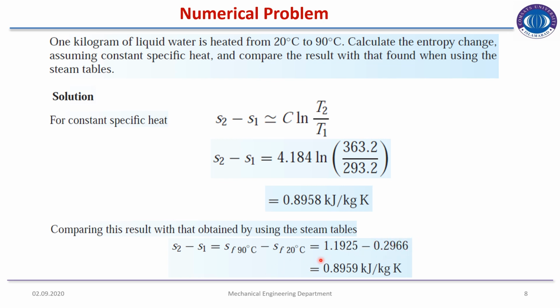When we find their difference, that comes out to be 0.8959 kilojoule per kg per Kelvin, and both of the results are very similar up to the fourth decimal.